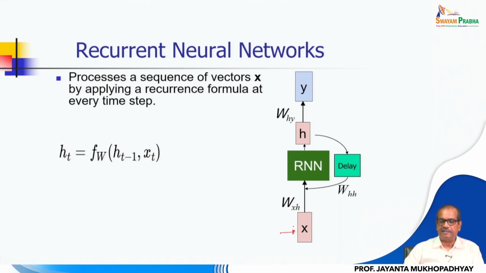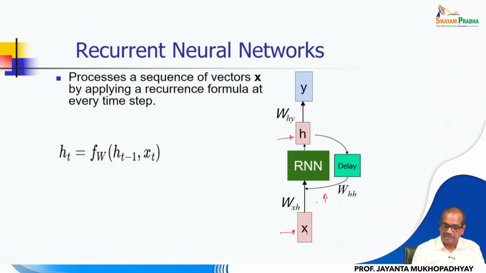So as you can see, in this recurrent neural network, the sequence X becomes the input. At every time instance, for every new input, it generates a particular output, which is a function of the present input and also the past output. So there is a feedback, a delayed feedback.